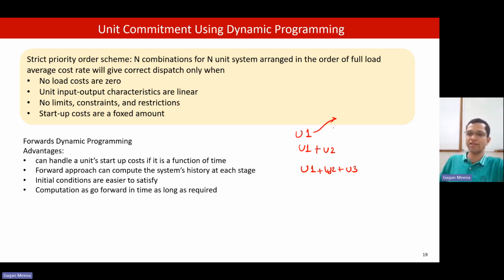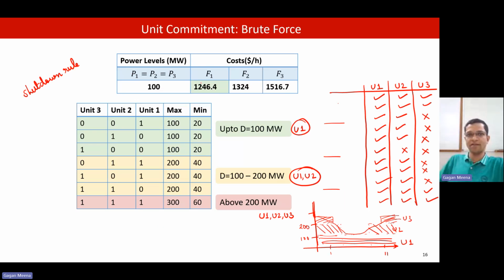Here we have to see that the unit with the lowest full load average cost rate is U1, and U3 is the one with the highest. So U1 is the first one, then 2, 3.